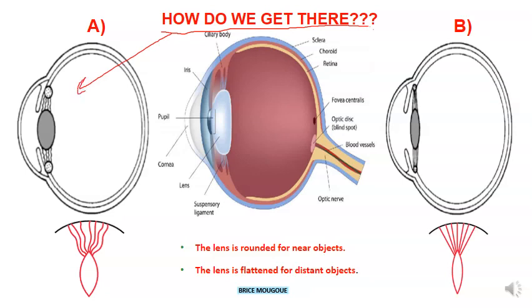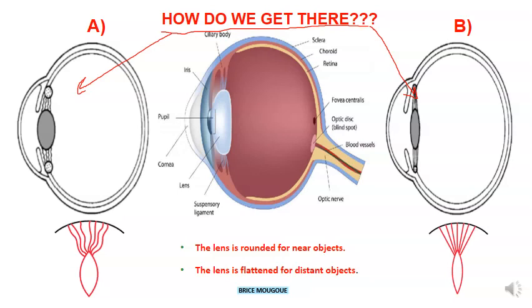How do we get to a more flat lens? Before we can now see which lens will be used for either near vision or far vision. We have two lenses here. We need to understand how we get to each, and later on we need to understand now which one will fit which kind of vision.